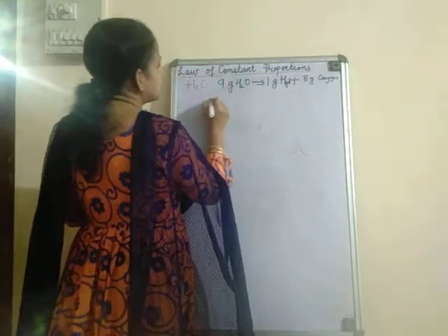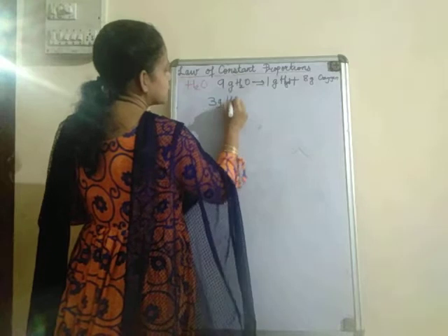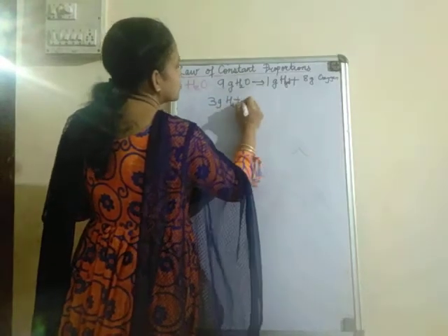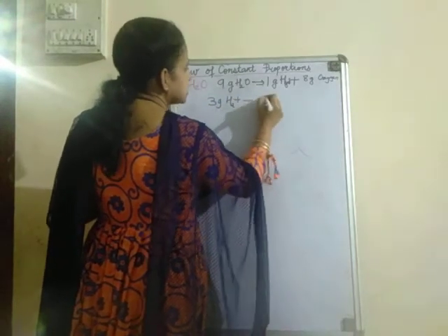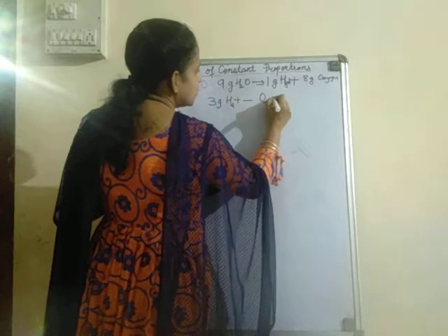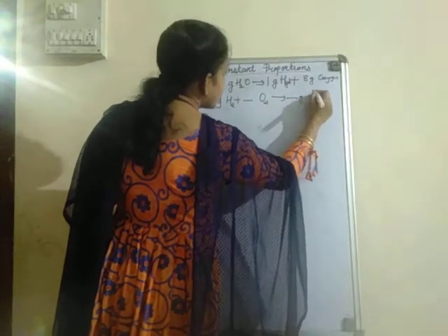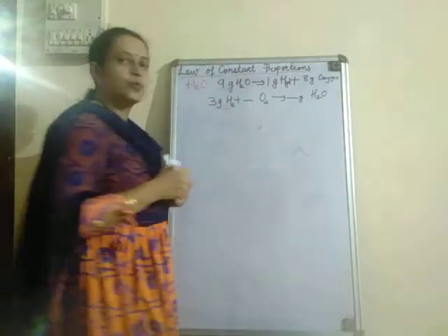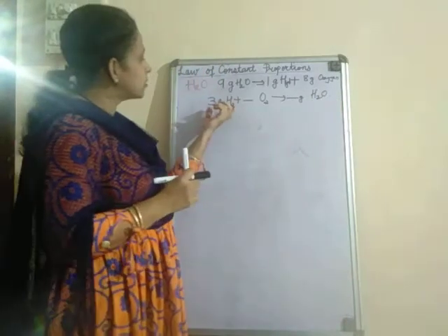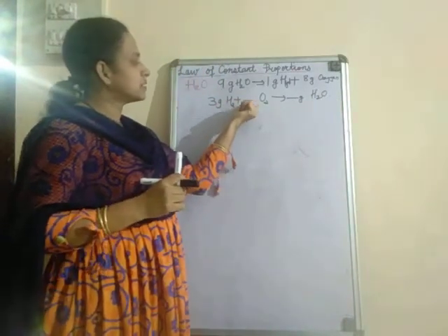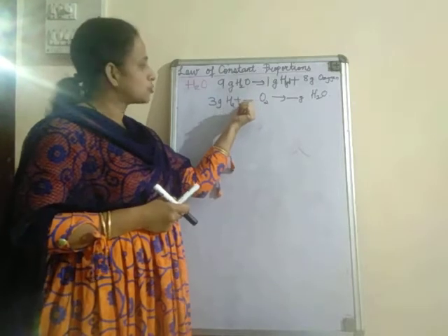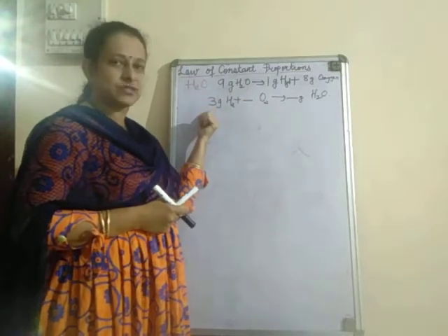Now let's take another example. Suppose we take 3 grams of hydrogen, plus what should be the oxygen, to give you how many grams of water? Can you tell me? What can be the proportion of oxygen to 3 grams of hydrogen?